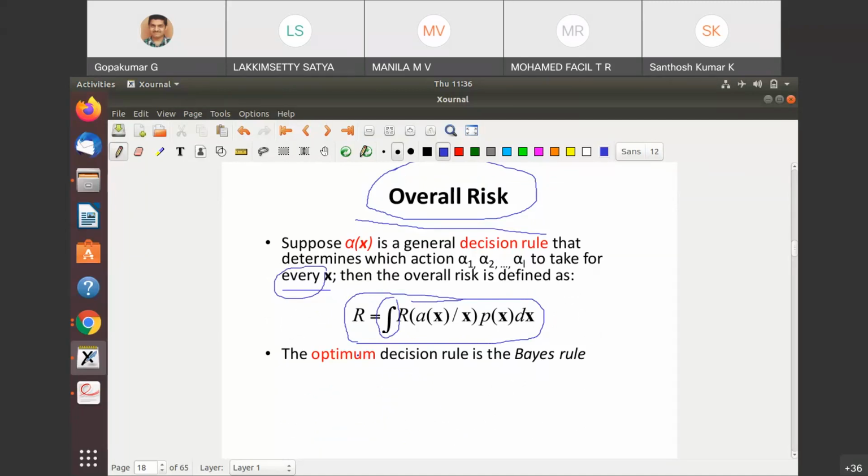It is similar to what we defined for the Bayes risk for a single attribute, or single feature. Here also, our aim is to minimize the individual risk for each x. If we follow that, then this overall quantity will also be minimized.